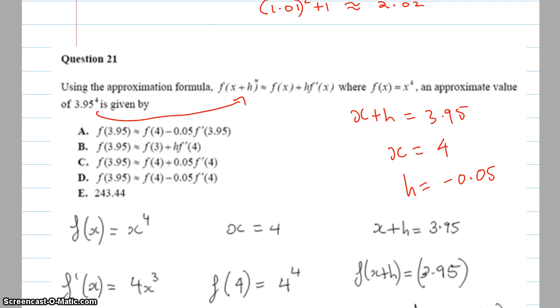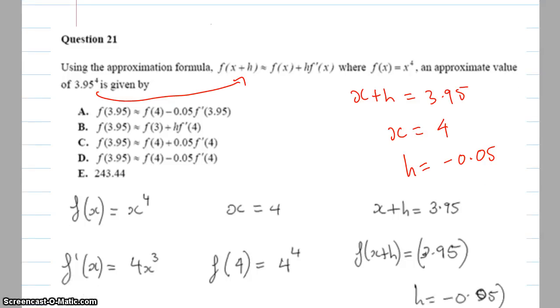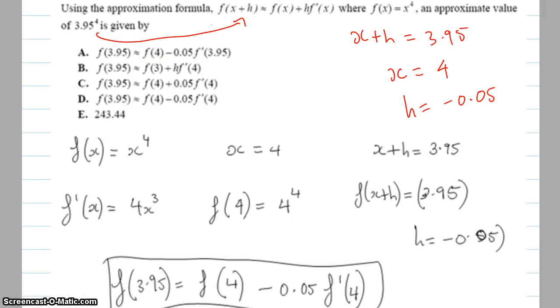I don't actually need to work out the numerical answer for this because the answers I've been given don't actually have a numerical answer except for E, but I don't think E is correct. So what I can say is that 3.95 to the power of 4 is approximately equal to the y value when x equals 4. Usually it's a plus, but in this case it's a minus because h is actually negative.